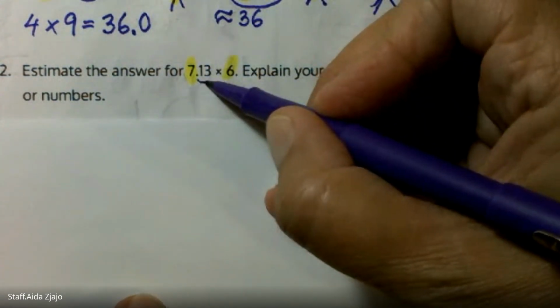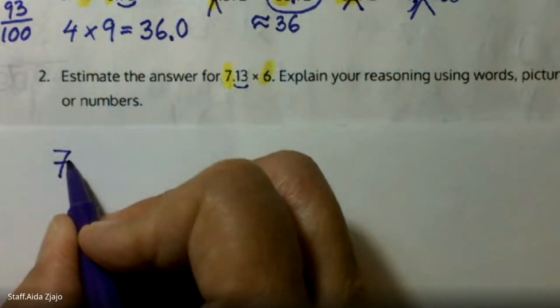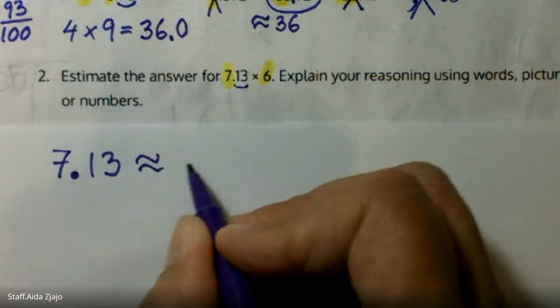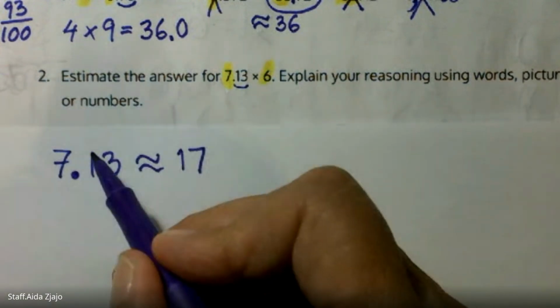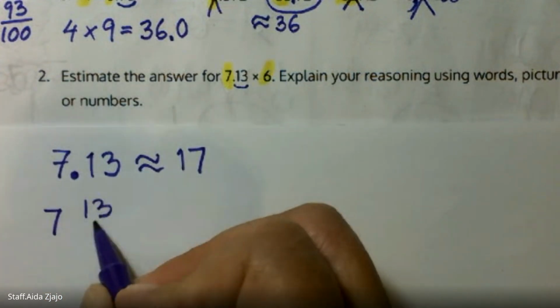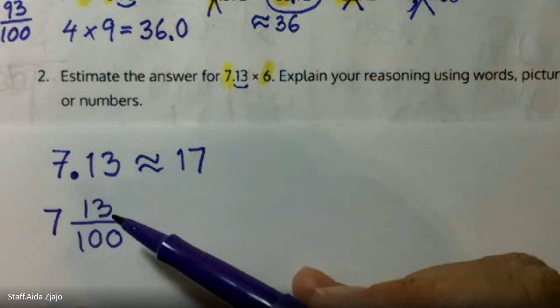This 13 cents is too small, so I'm thinking about this. $7.13 is about 7 whole dollars, because 13 cents out of 100, you can think as 7 and 13 out of 100. So you have not even 20.